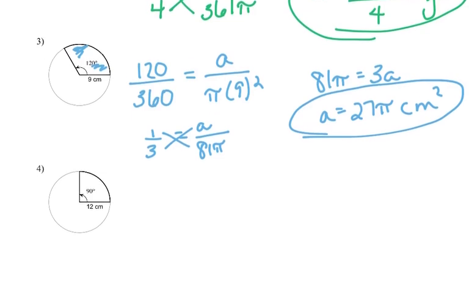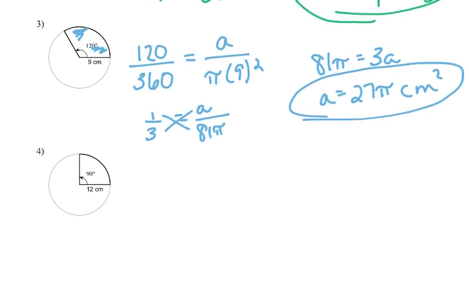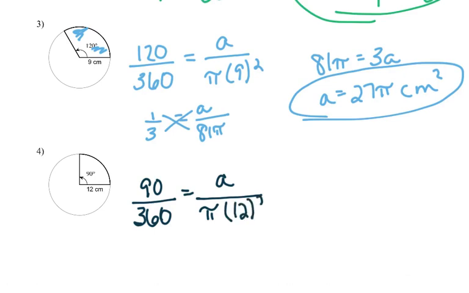All right, let's take a look at number 4. Looky there, we've got 90 degrees over 360, so it's going to be 1/4 of that total area. That is what we are finding. It's equal to the area over pi times the area of the whole circle, so pi times 12 squared. So again, 90 over 360 is 1/4. That's equal to a over 144 pi.